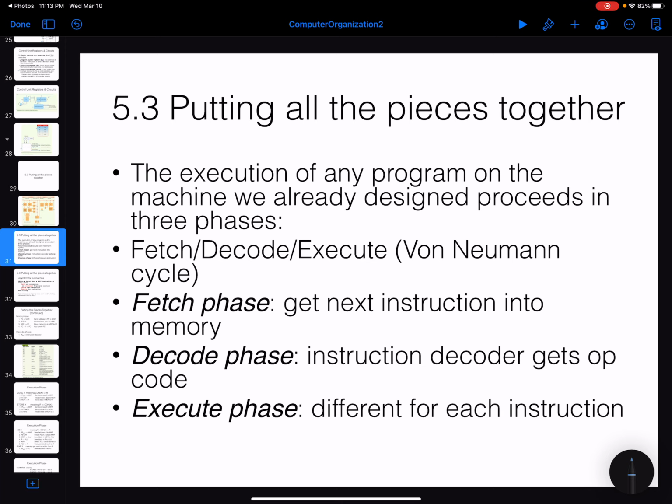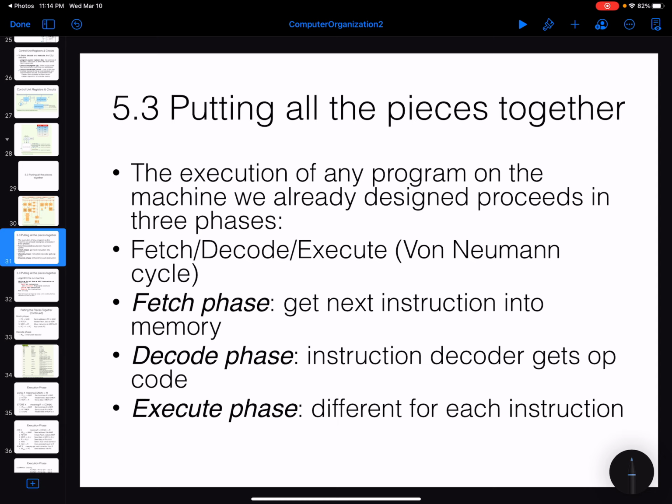So I'm going to review all those pieces and give you a general overview of how the computer executes the full thing using these four different subsystems that we have explained. Remember we said that in the von Neumann architecture, the control unit is supposed to do three phases.